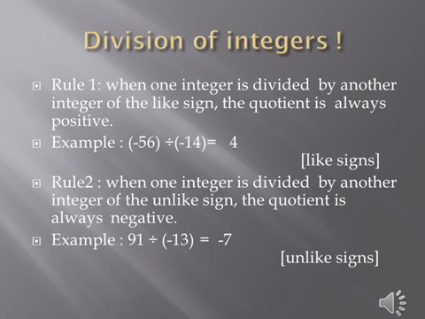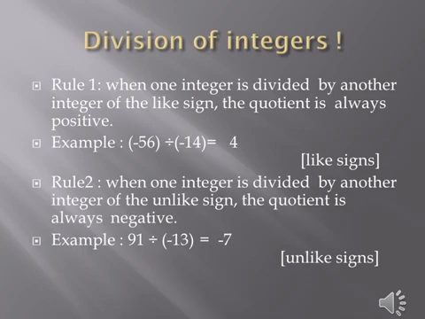Now the division of integers. Rule 1. When one integer is divided by another integer of the like sign, the quotient is always positive. For example, minus 56 divided by minus 14 is equal to 4.